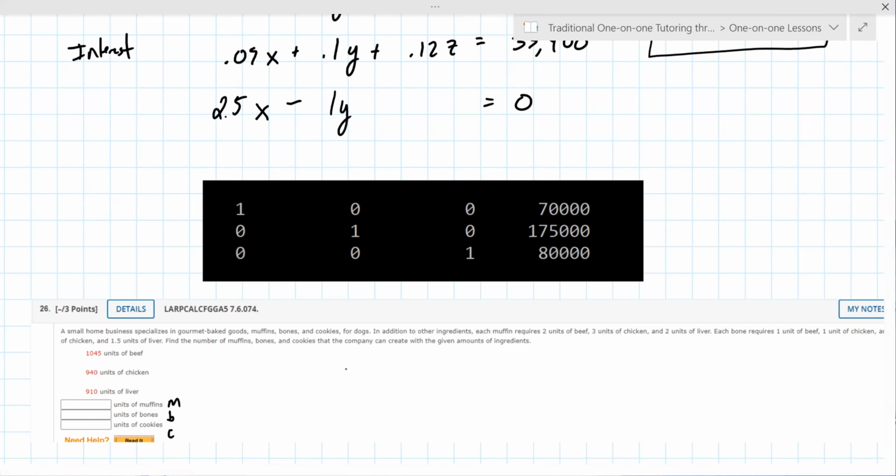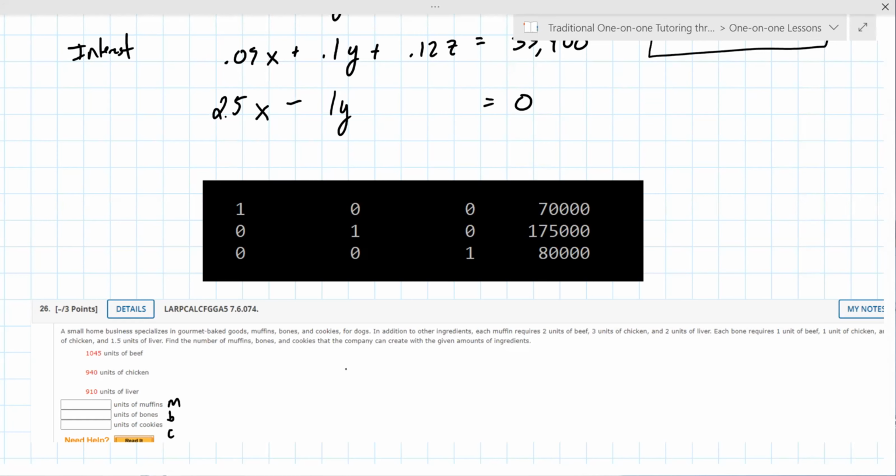Jamie, do you have any insights here? You probably maybe already worked on this one. This one confused me as well. Okay, I was just gonna solve it later today. Yeah, 2 units of beef, 3 units, each bone requires. Each bone. Okay. See, it's like the variables are beef, chicken, and liver.